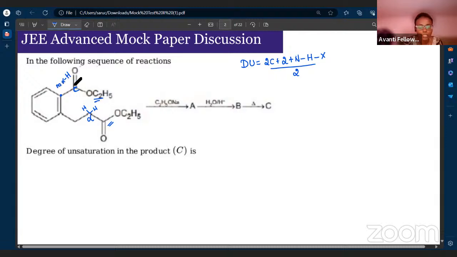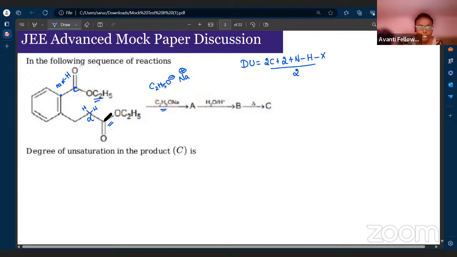Now looking into the reaction, you are treating it with C2H5ONa. What will C2H5ONa do? It will decompose to give C2H5O minus and Na plus. This C2H5O minus needs hydrogen.